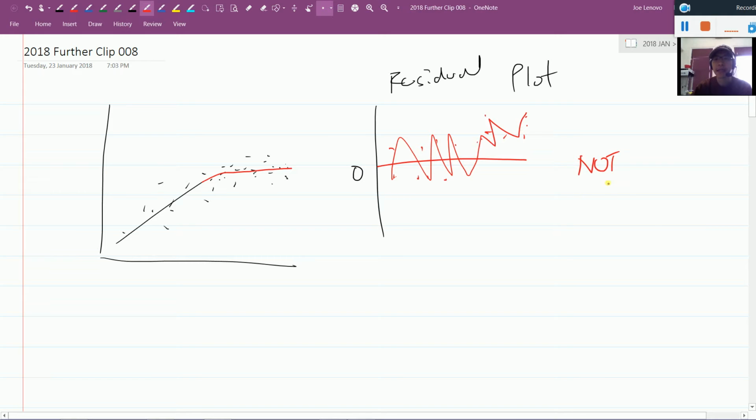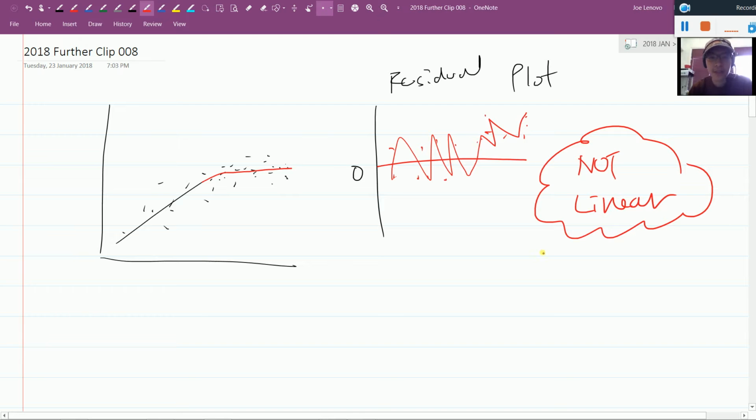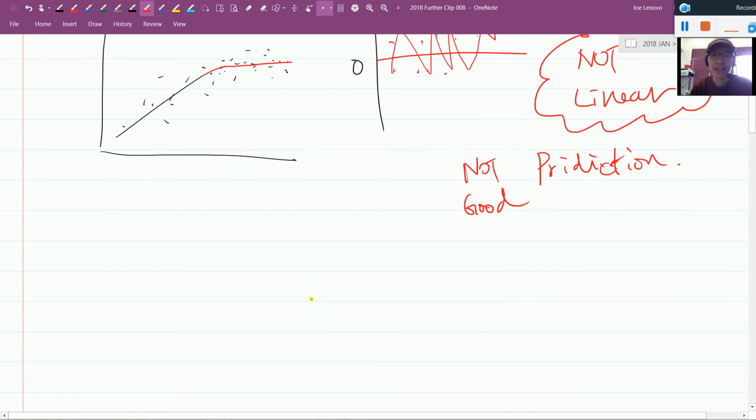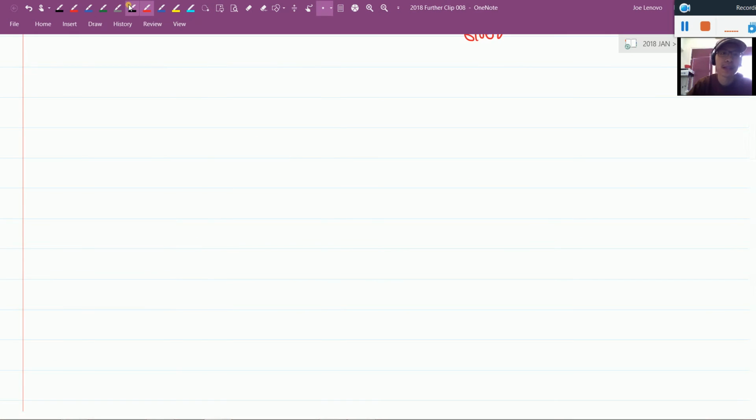When it's not linear, it's very important to remember that it doesn't help us to do any projections. It's hard to do, and it's not good for predictions. And if we can't do any prediction, we need to do one thing, which comes down to the most difficult part of our course, which is what we call transformation.